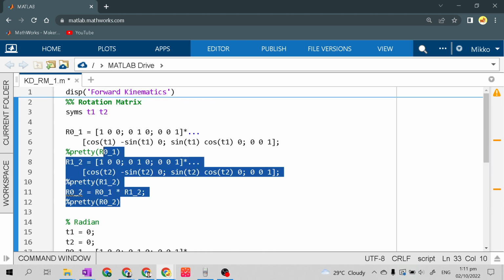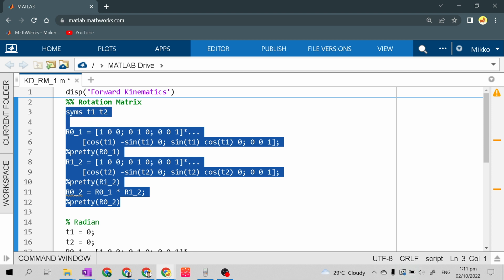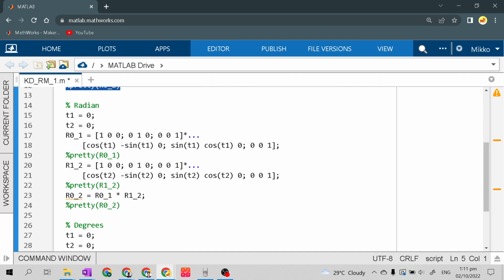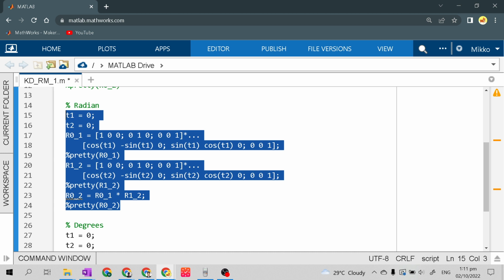First, the algebraic form of our rotation matrix. Then with the radian values, it will solve that rotation matrix.